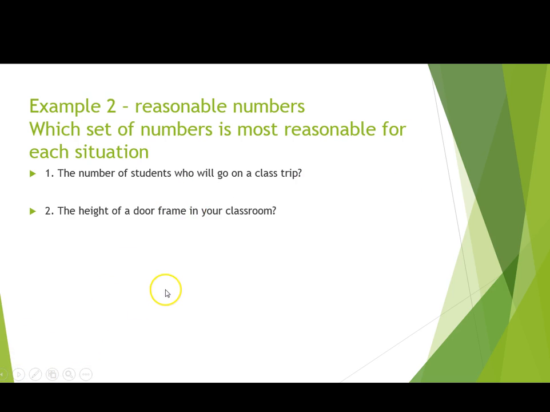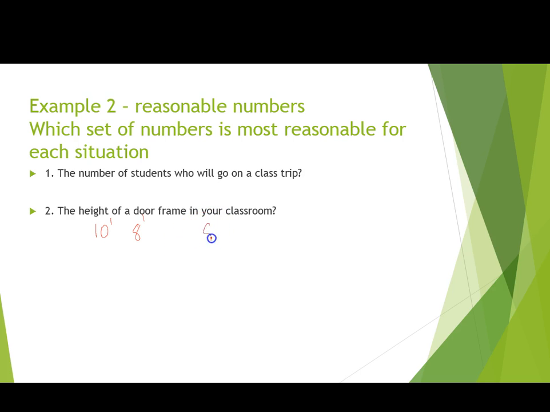The height of a door frame is another thing we could try to talk about what number sets would work. Now some door frames would be 10 feet or 8 feet or something whole. Door frames can't be negative numbers, but there are positive rational numbers.